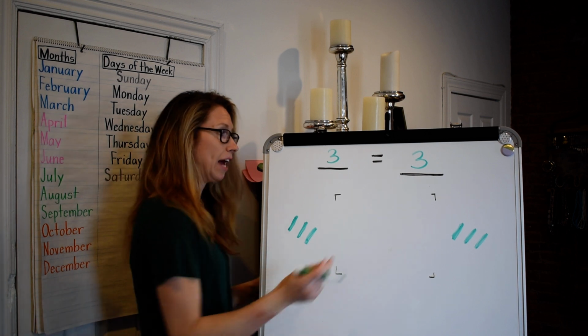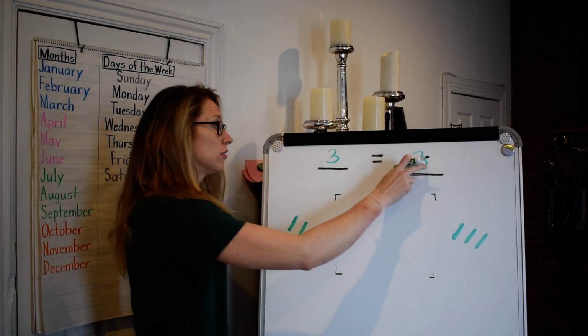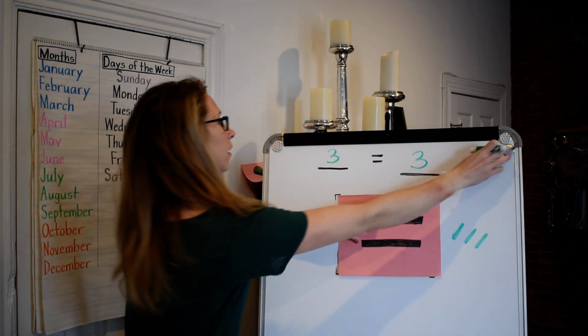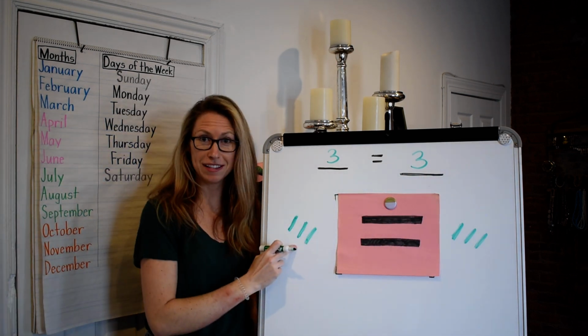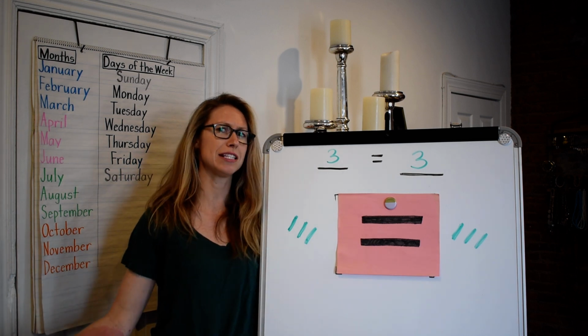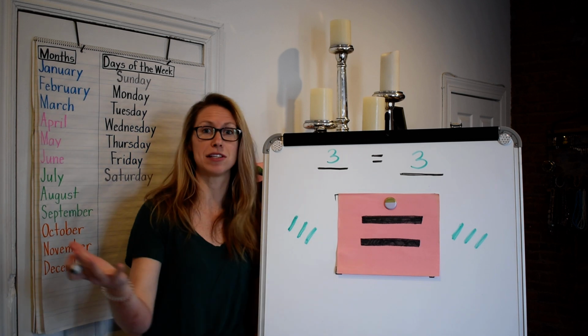You could say that 3 is equal to 3. So, for example, 3 green beans equals 3 green beans. Pretty easy, right? The equal sign is a comparison symbol.